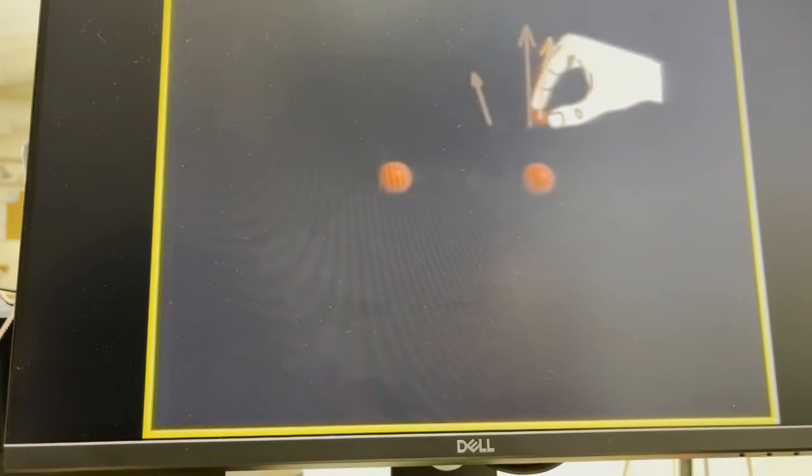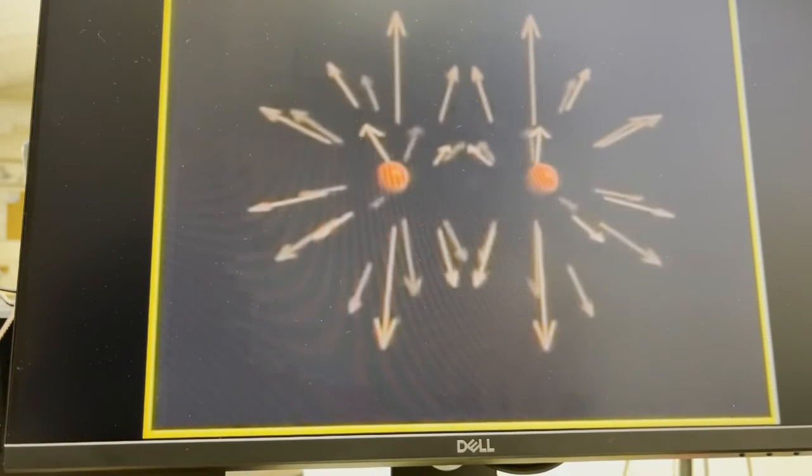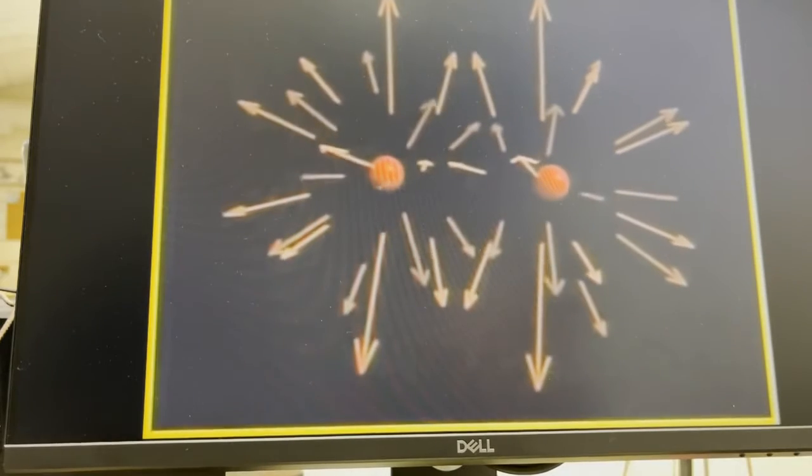And although Faraday only imagined it, the field can also be expressed mathematically.